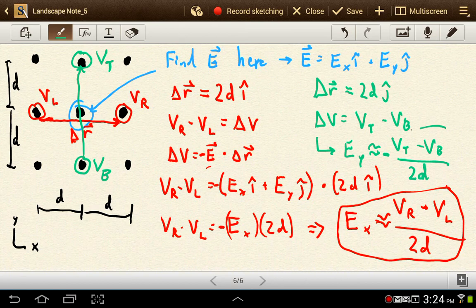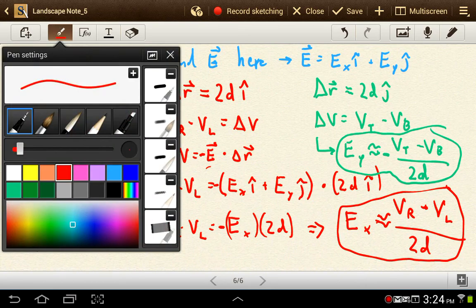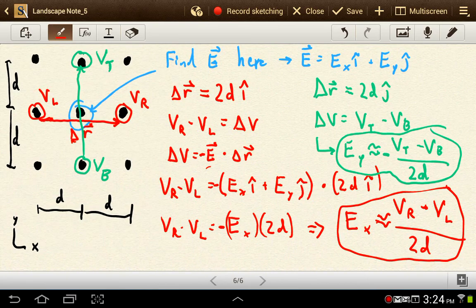Okay, so there you go. And in red, oh my gosh, well, hope you didn't turn off the WebAssign or turn off the video before now, because you're going to miss this. Very important. So then this lets you solve, using these 4 voltages all around, for the x and y component of the electric field at this central point.